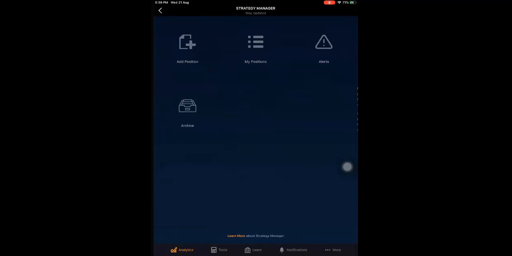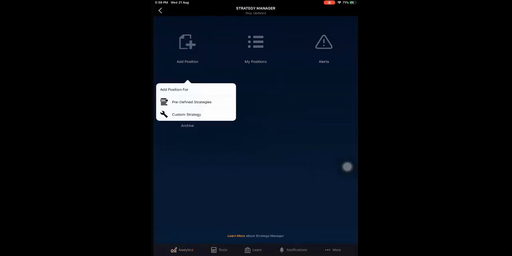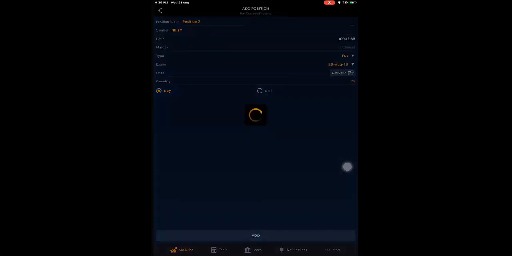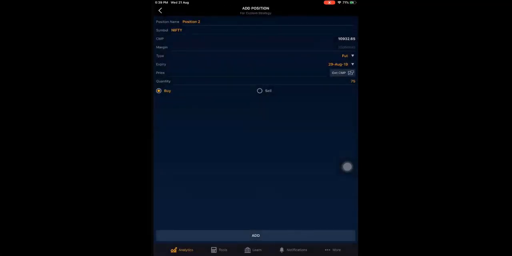So when I buy a future, I sell a call, I sell a put, I have my own custom strategy. You can enter your own custom strategy using add position. You have a tab of predefined and custom. Predefined has the same list that we have in the optimizer. In custom, you can add the position which you want.